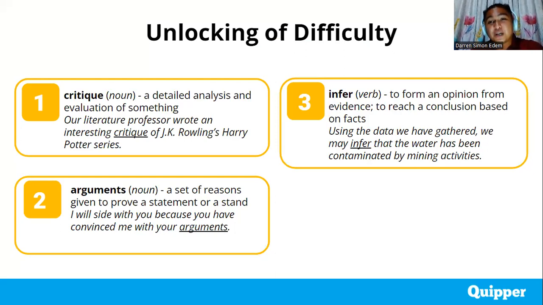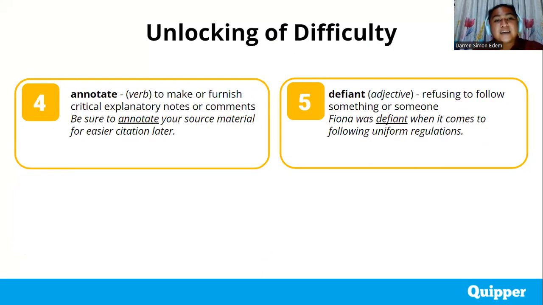Third, infer. Infer is a verb which means to form an opinion from evidence, to reach a conclusion based on facts. Example, using the data we have gathered, we may infer that the water has been contaminated by mining activities. Fourth, annotate. Annotate is a verb which means to make or furnish critical explanatory notes or comments. Example, be sure to annotate your source material for easier citation later.